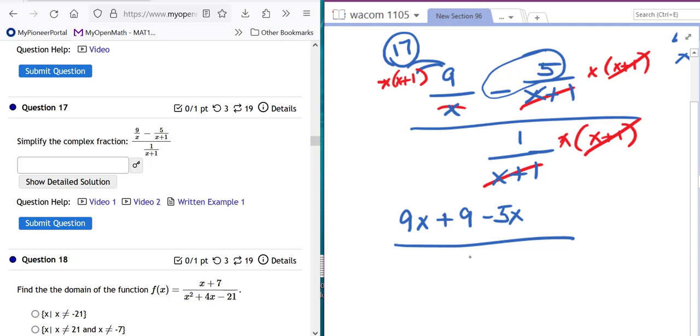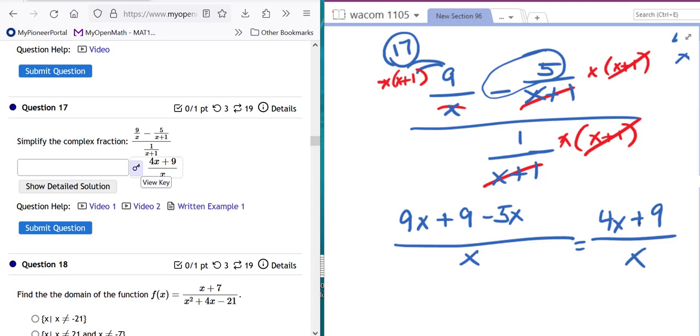And this one we have 1 times x is x. So we have 9 minus 5 is 4x plus 9 over x. You can't cross these off with the sign there. So we should get 4x plus 9 over x. Good. All right, so we'll leave complex fractions.